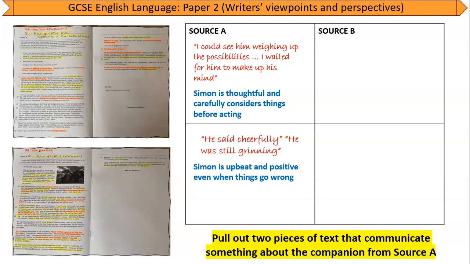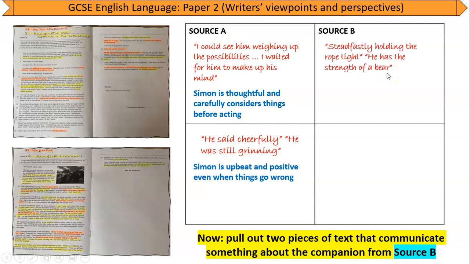He's upbeat and positive even when things go wrong. And I'm looking at that and I'm happy. Cheerful, grinning, yeah, this is someone that's positive. Optimistic's another word I could have used, even when things go wrong. So I'm taking the evidence and I'm summarising it in my own words for source A.